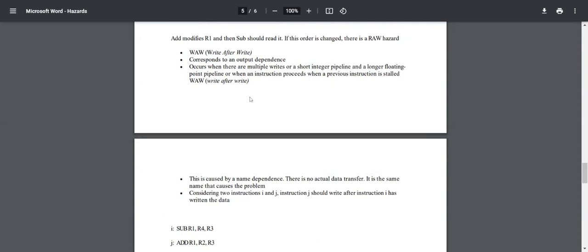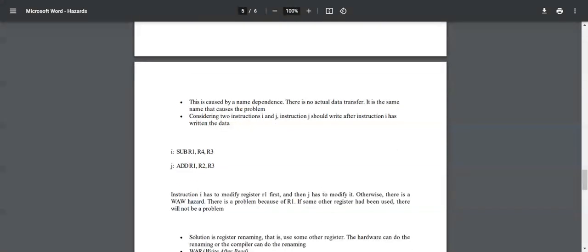Then come to the write after write hazard. Now look into the instructions carefully. First one is subtract R3 from R4 and store the result in R1.